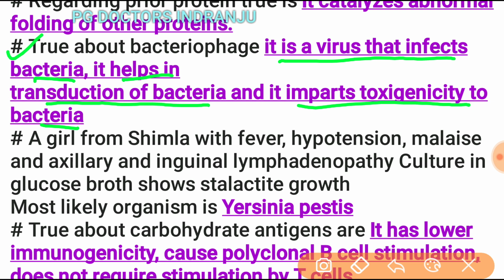This question gives multiple questions. The bacteriophage virus multiplies in the bacteria for growth, capsid formation, and toxigenicity.